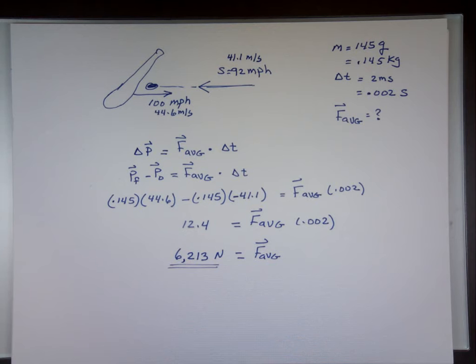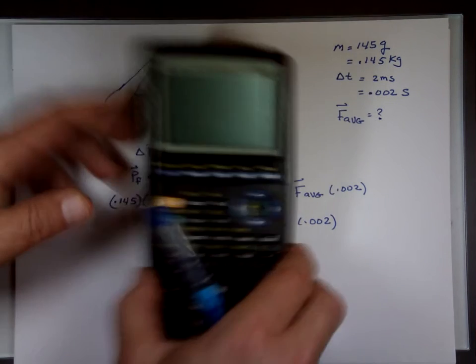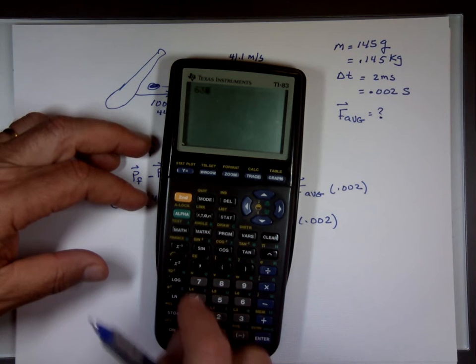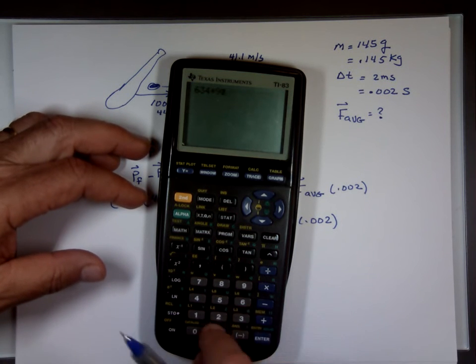That's what that is, because 1,400 pounds, if you divide by 2.2, is equal to 634 kilogram. If you take 634 kilogram and multiply it by 9.8, you're getting 6213.